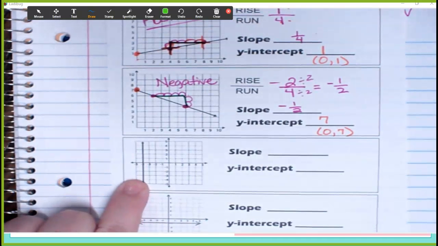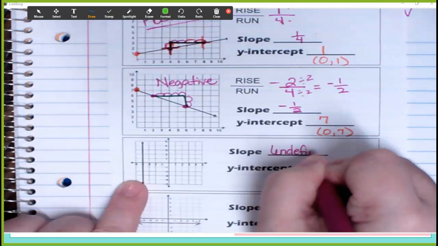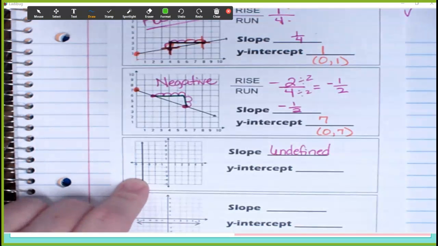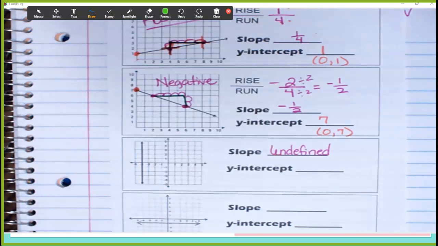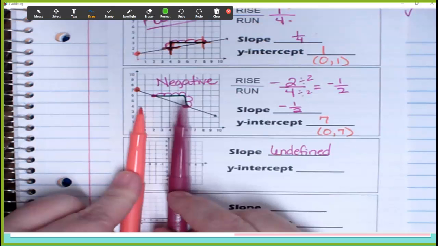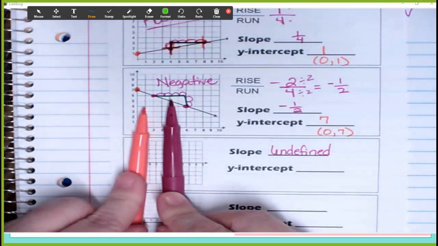All right, let's look at the next one. Positive, negative, 0, or undefined. I can't get an answer. It is undefined. Absolutely. Now, Y-intercept. If I put my orange pen on the line, my pink pen is on the Y-axis. Remember, lines have to go straight. Will these ever cross?